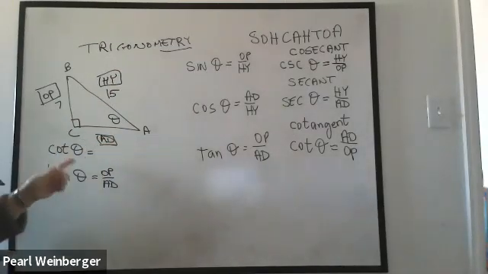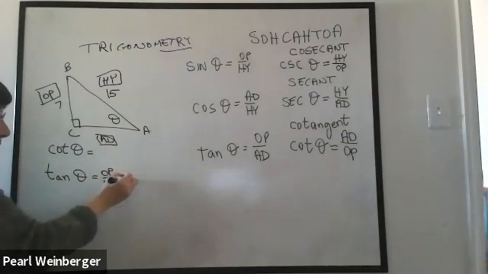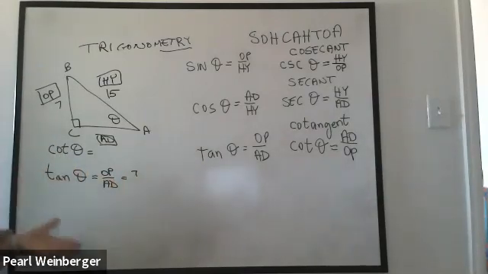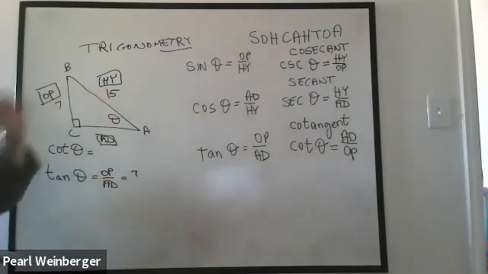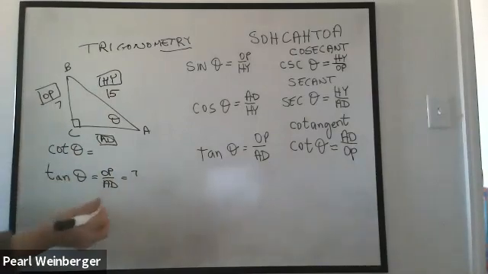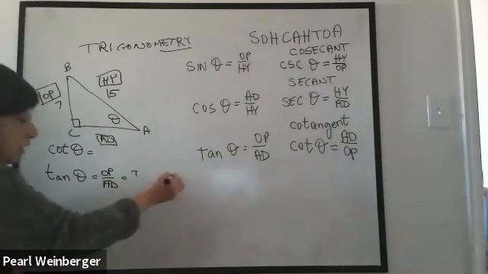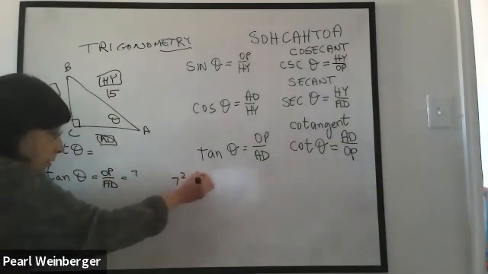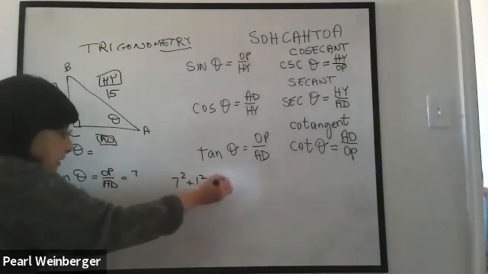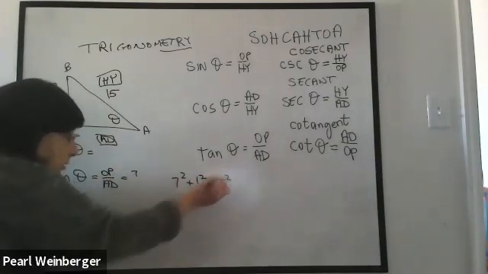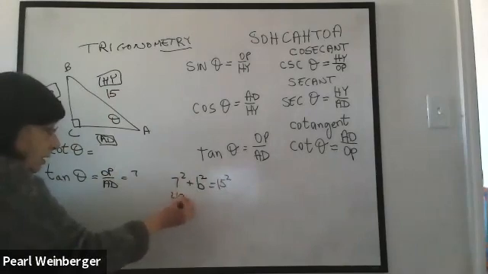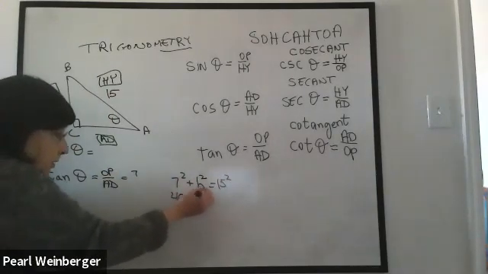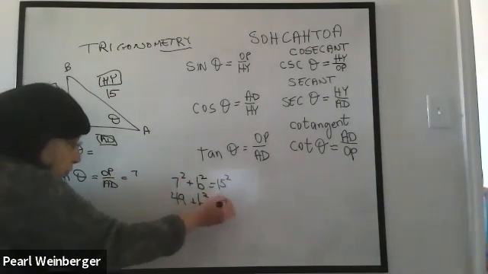And I know what the opposite side is. It's 7, but I don't know what the adjacent side is. I only know the hypotenuse. So again, I use my Pythagorean theorem. I do 7 squared plus b squared equals 15 squared. So this is 49 plus b squared equals 225.